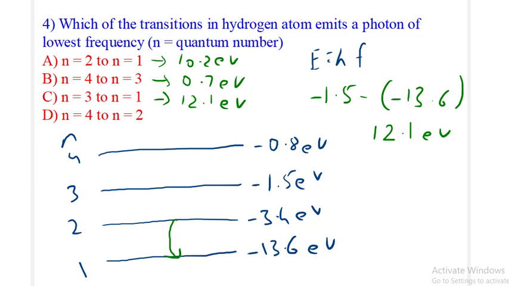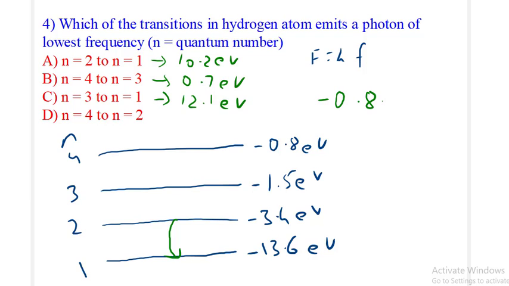And then the last one, which is from 4 to 2. Energy of fourth is minus 0.8 and 2 is minus 3.4, so minus of minus 3.4, which comes out to be 2.6. So we have done the calculation for all the options.